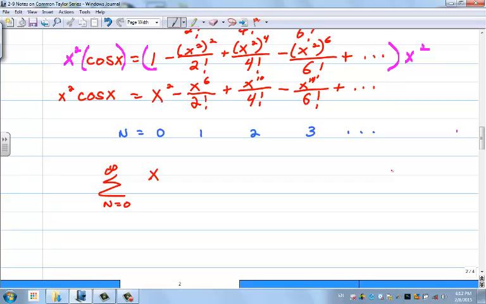So if we're trying to generate a formula just for the powers on x, b is going to be equal to 2, and then your slope is just the difference between your powers on x. So the slope here is 4. So if you want to figure out what this is, it's x to the 4n plus 2, because the slope is 4, your n is like your x, and then your y-intercept is 2.